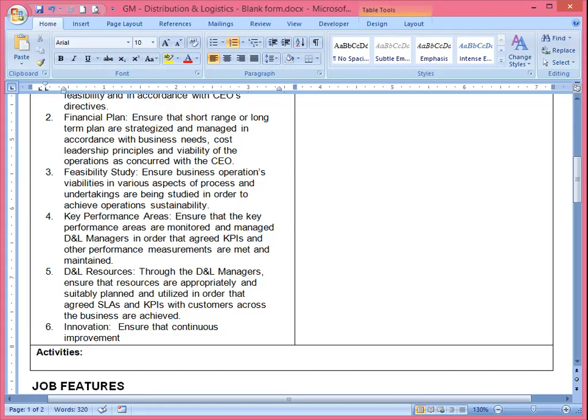Continuous improvement on the line: improvement of the processes, the system, the people, the human capital. So improvement of the systems.